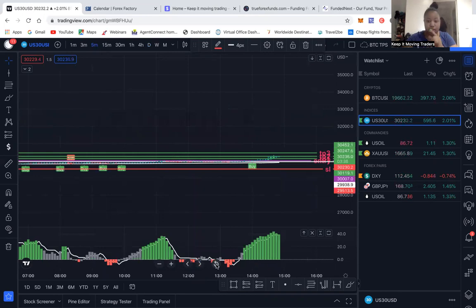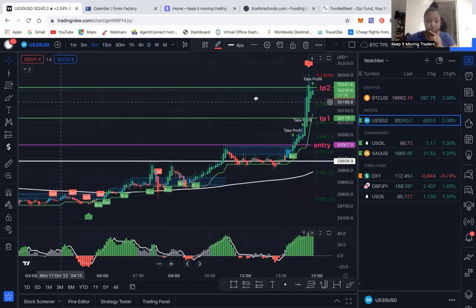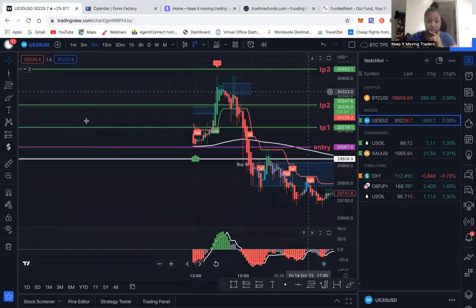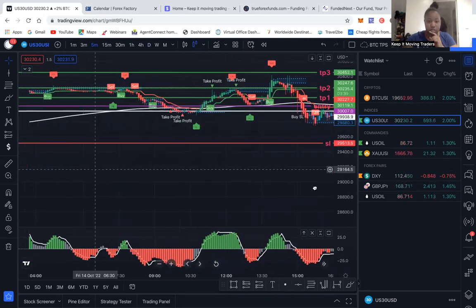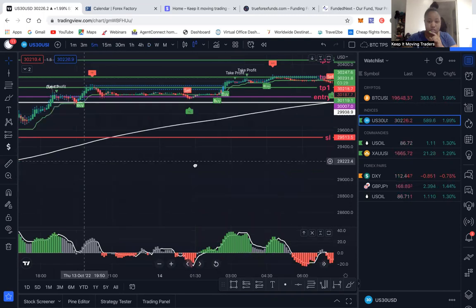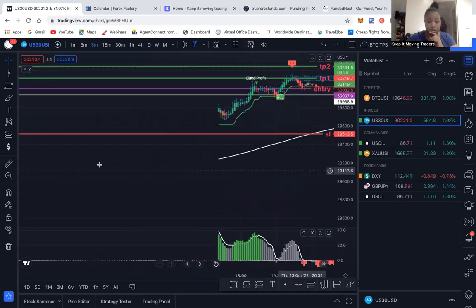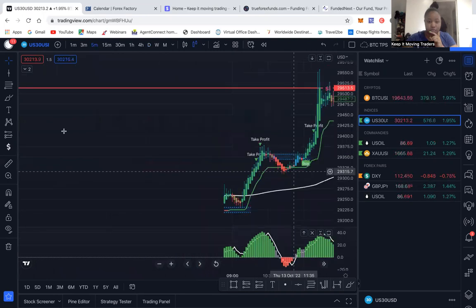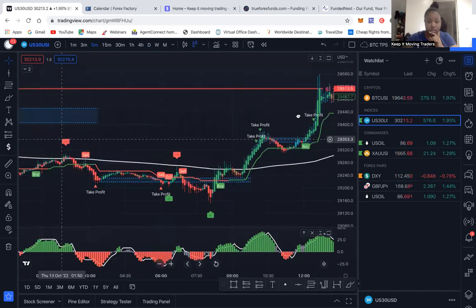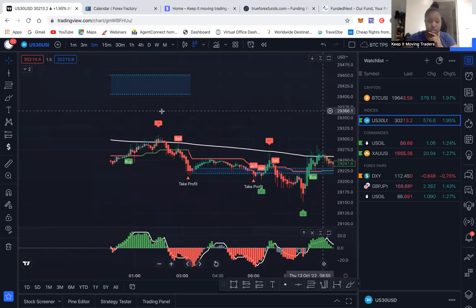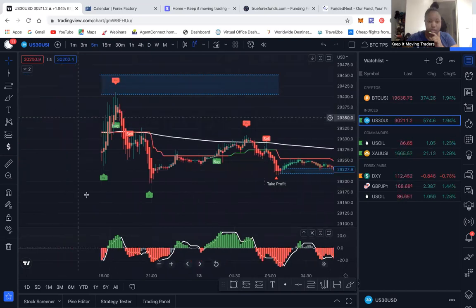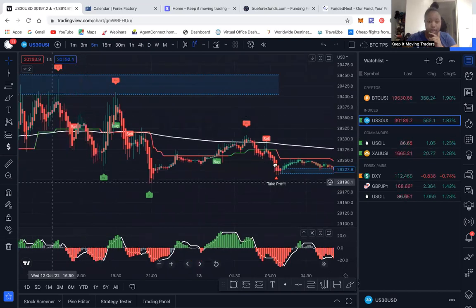Now let me show you guys something. Hold on, let's find the red line now. Jesus, this was far. That was definitely far away, because remember, guys, US 30 has been in a downtrend for a while.